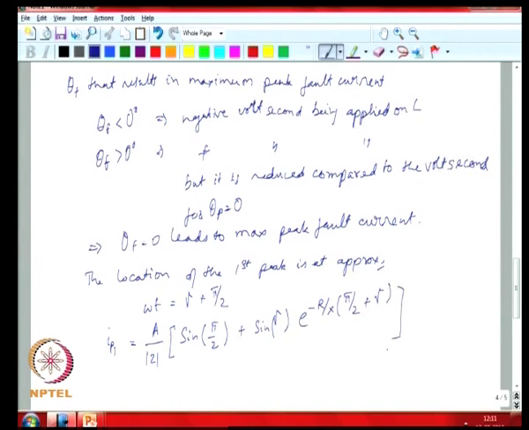So, this is again assuming that your theta f is 0, which results in the maximum fault current. So, you can see this term over here, this is your A by magnitude of Z is your IP steady state. So, you can write an expression for the ratio of your first peak in the fault current to your steady state current.